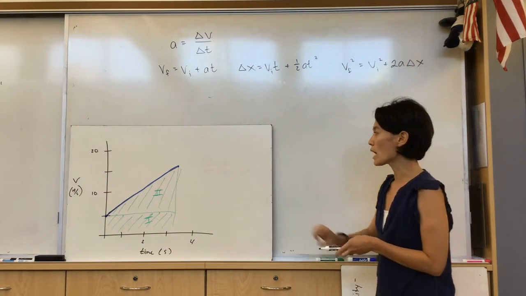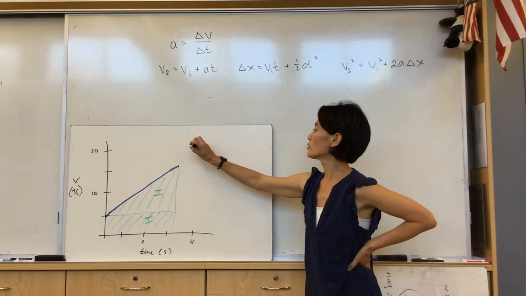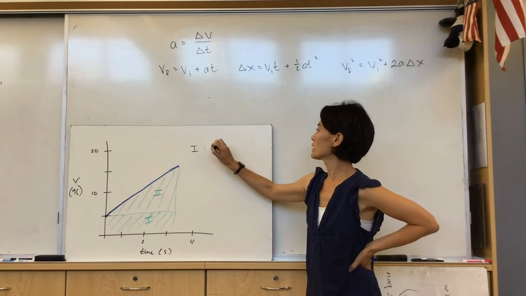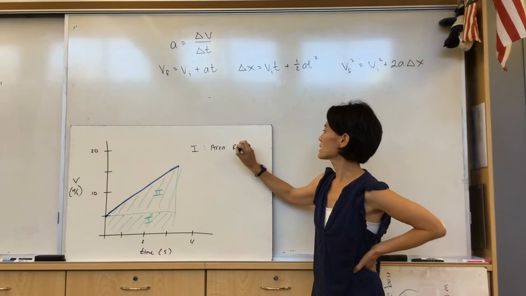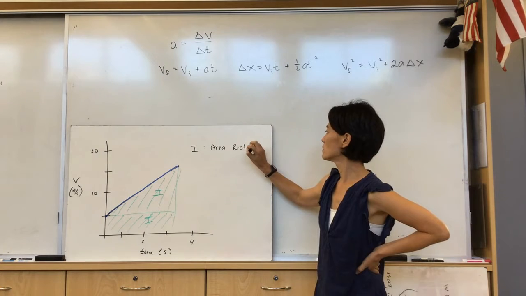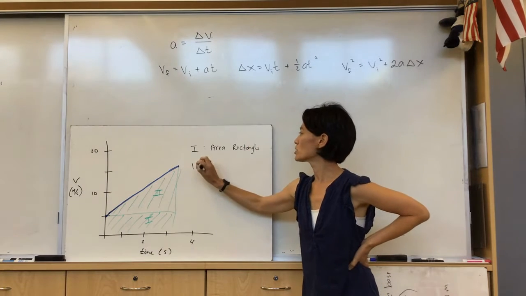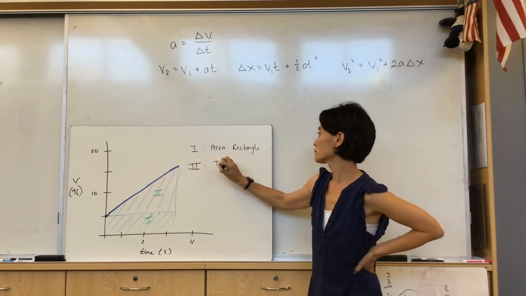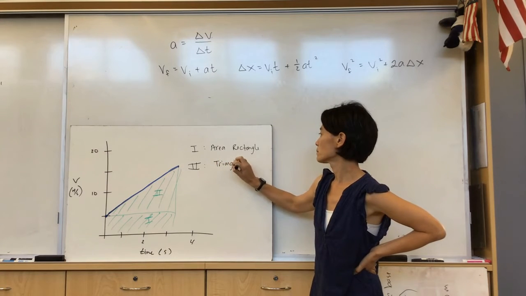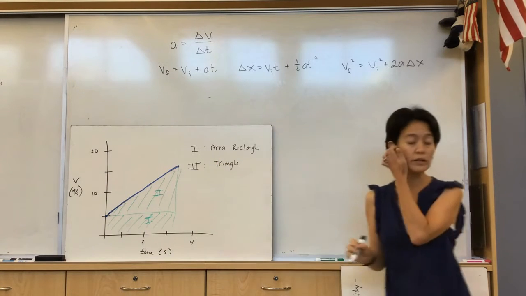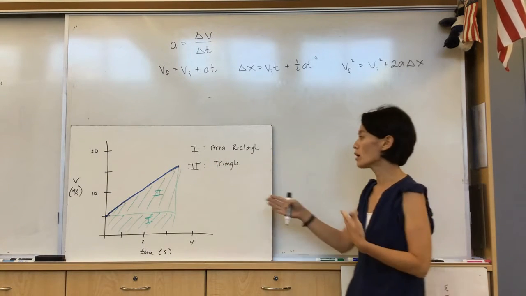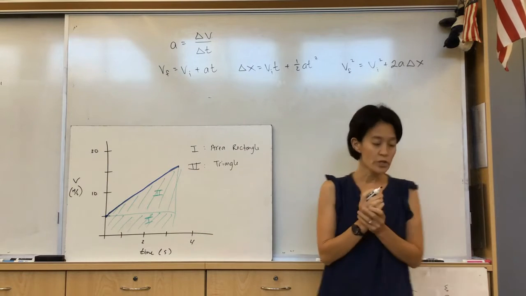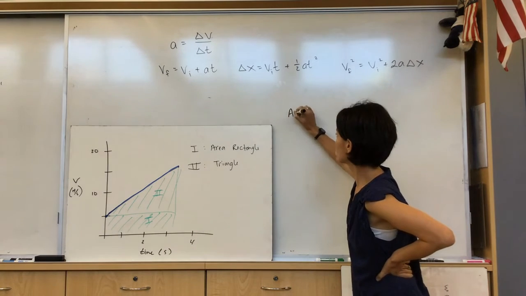For region 1, the area is a rectangle, and for region 2, it is a triangle, right? My total area is just the sum of the area of my rectangle and the area of my triangle.